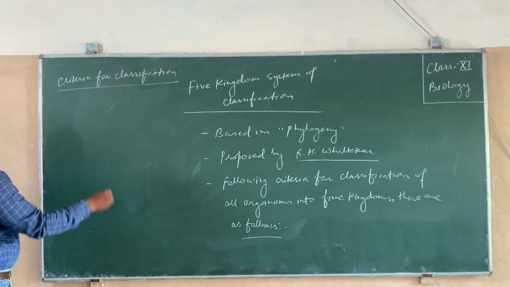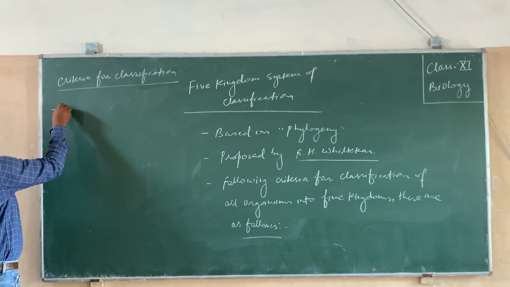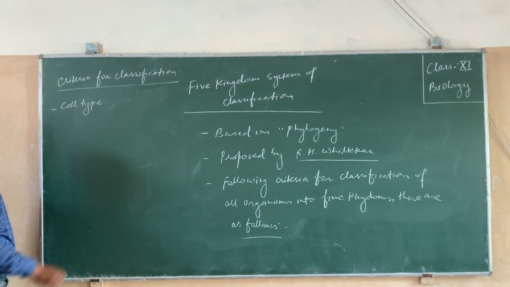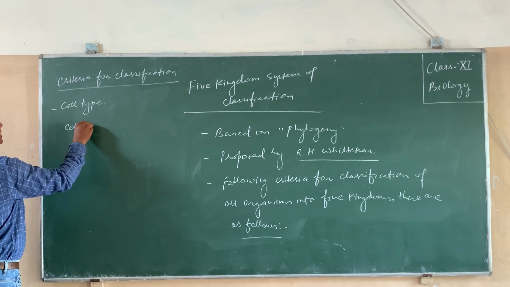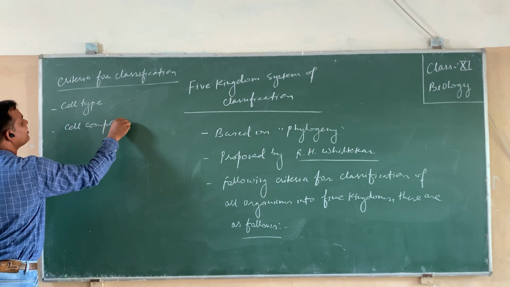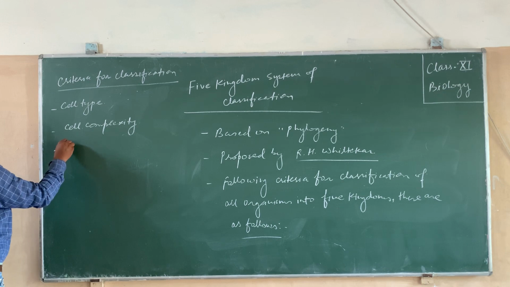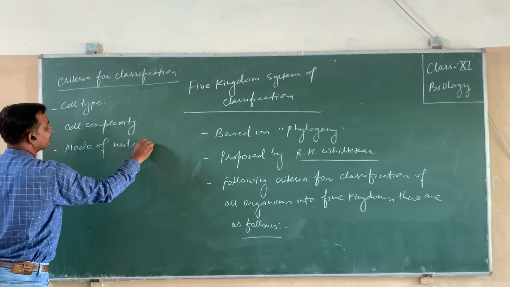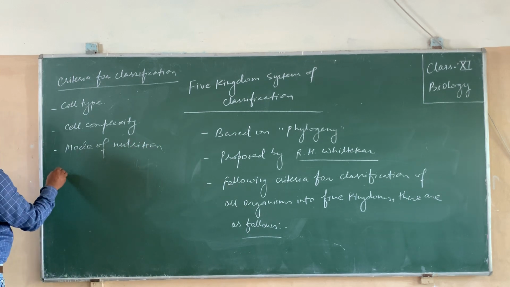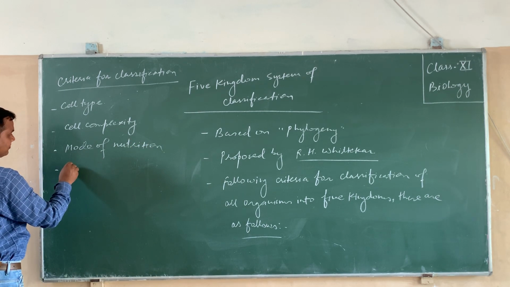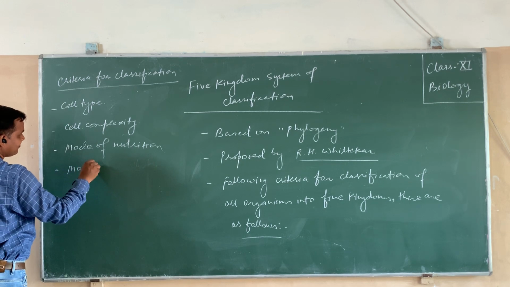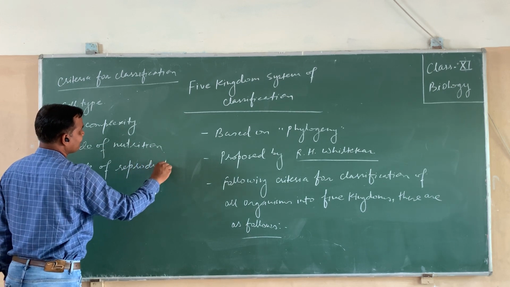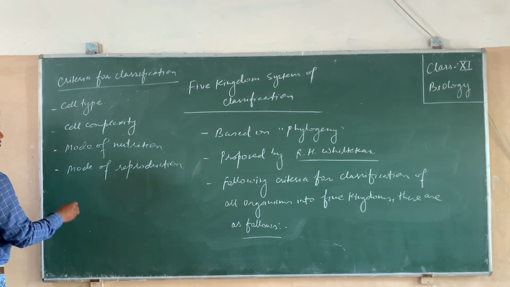Criteria for classification. First criteria taken was cell type. The second one is cell complexity. Third type is mode of nutrition. Fourth type is mode of reproduction.